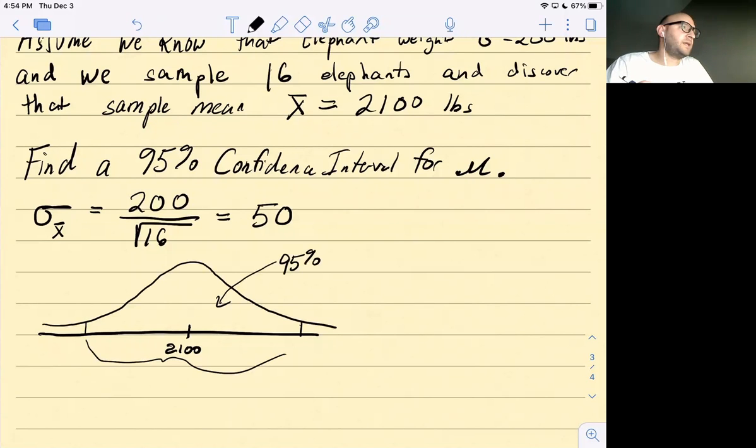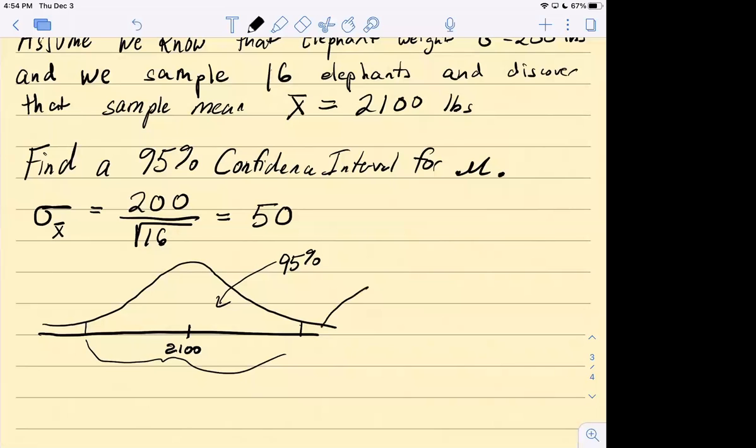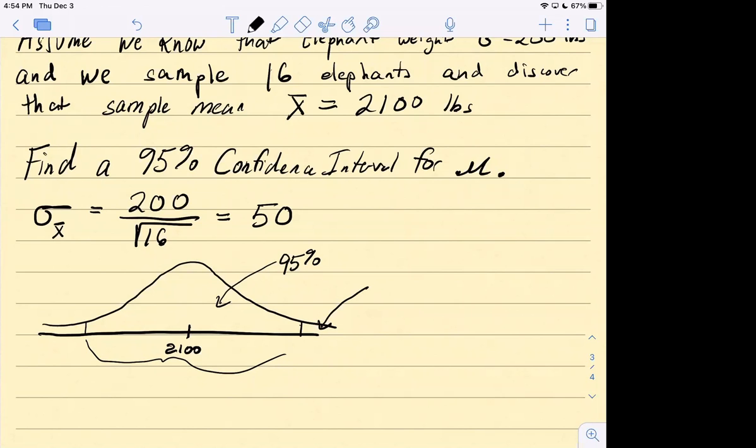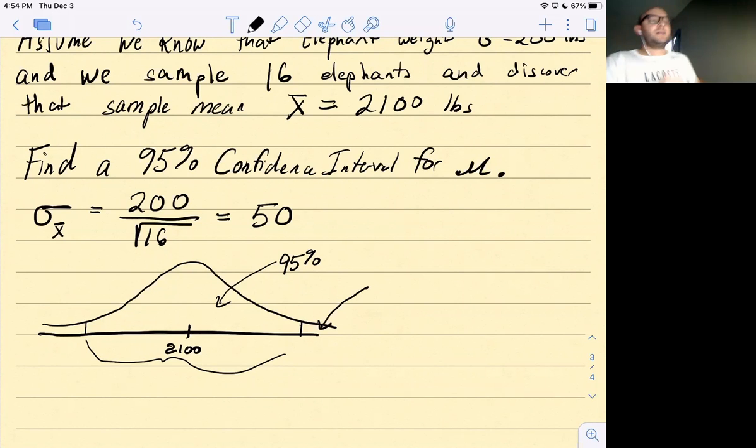So if you look at 95%, if you want a body of 95%, that means that you want this. 95% fit in there? What does that mean? You can try to make an interval around 2100.